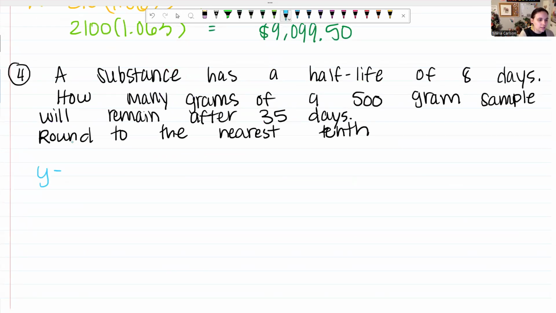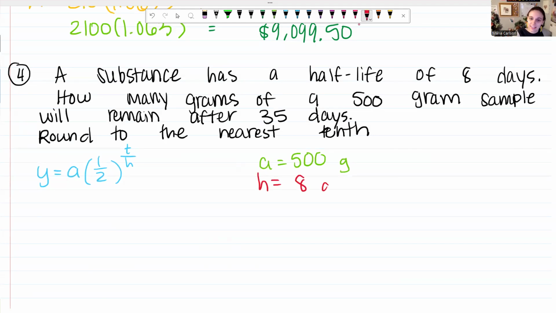It is y equals the initial amount times 1/2 to the t over the half-life, the time over the half-life that it takes for it to divide in half. So the initial amount, or A here, is the 500 grams that we have to begin with.